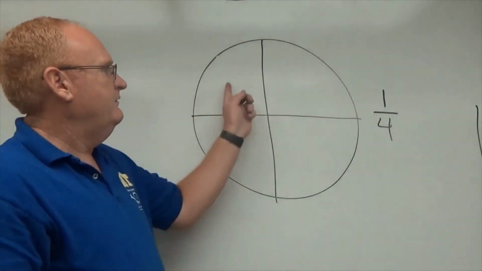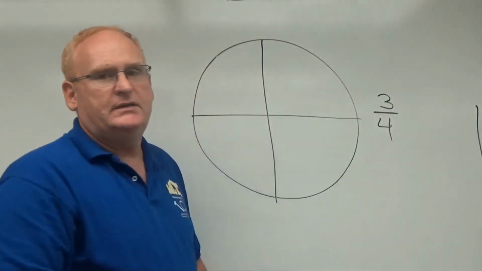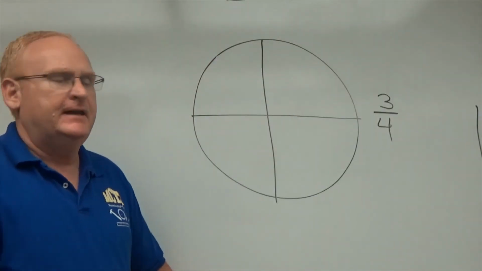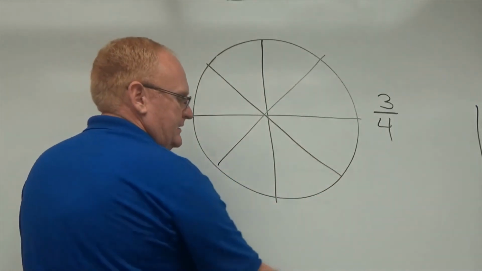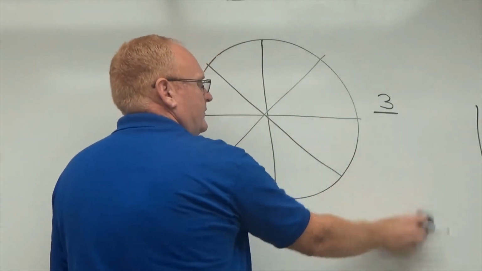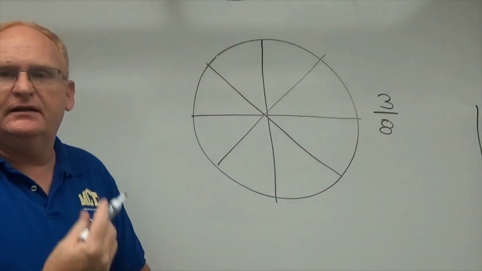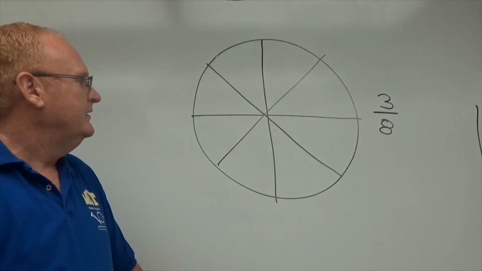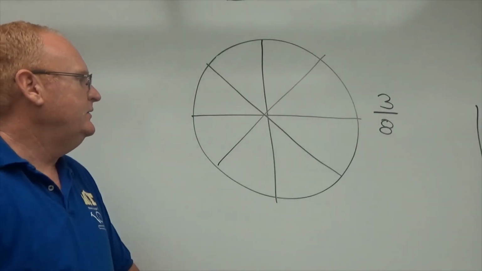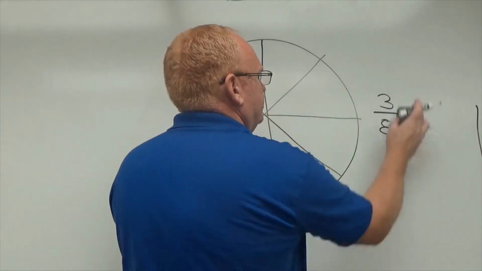You eat 3 of them, you ate 3/4 of the pizza. Okay, let's keep going. Now how many slices do we have? We have 8. Okay, Little Caesars, I think they cut theirs in 8 slices. Maybe Domino's too. 8 slices. You eat 5 of them. You ate 5/8 of the pizza.